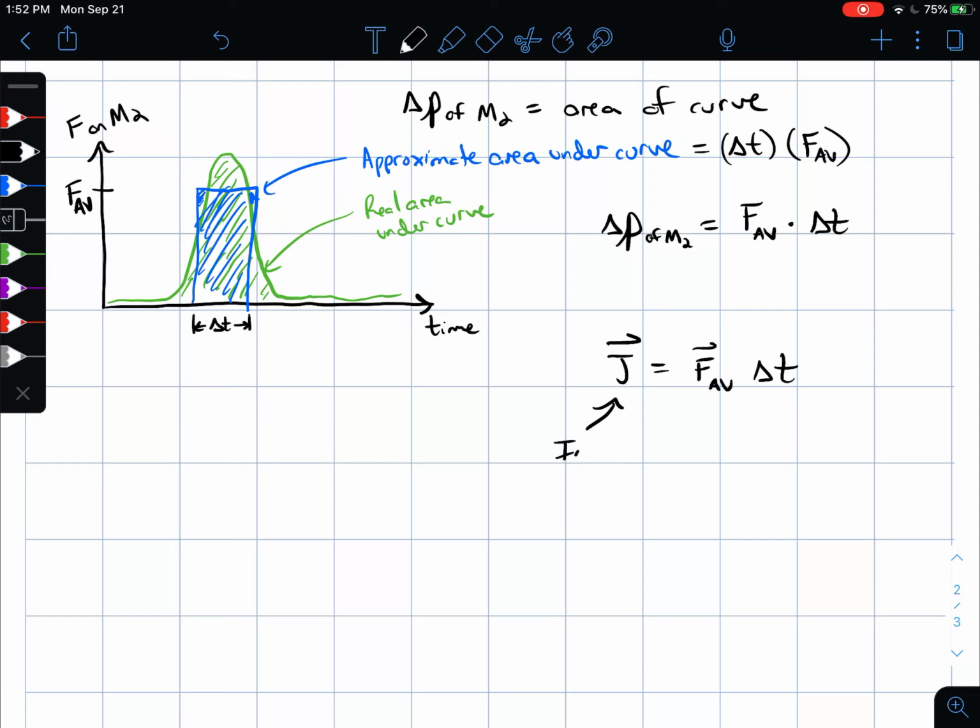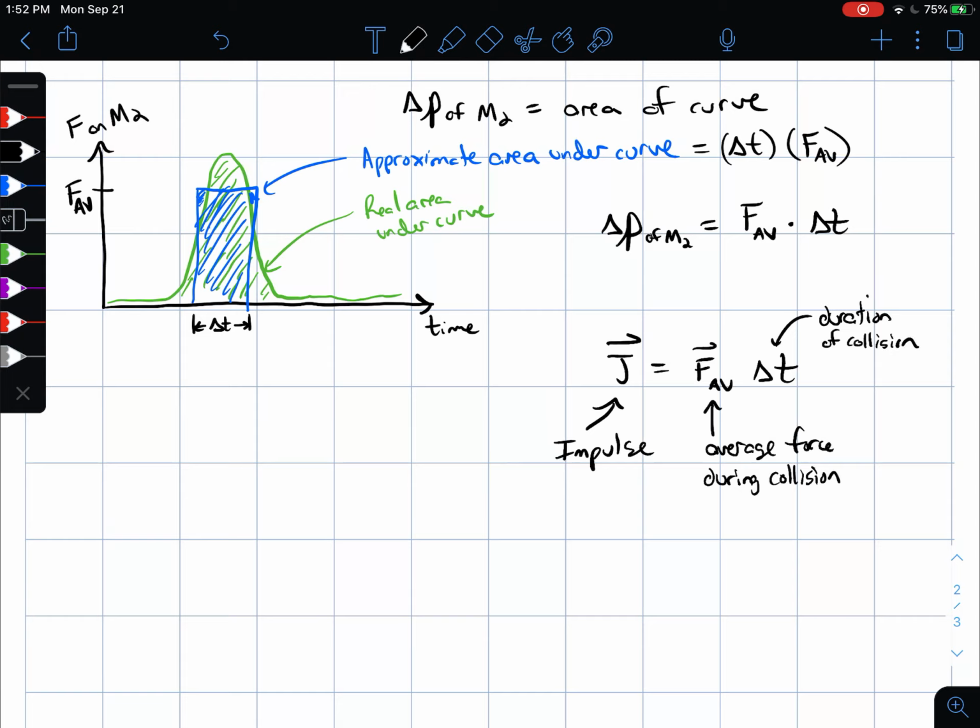J is called the impulse, all right? And this is the average force during the collision. And this is the duration of the collision, the amount of time the things were in contact.